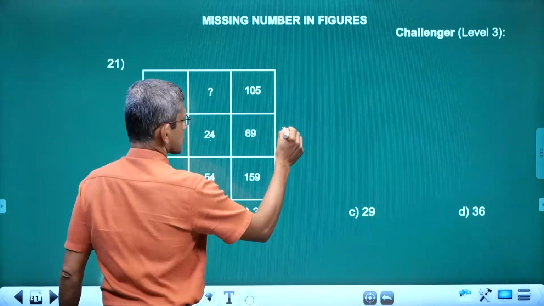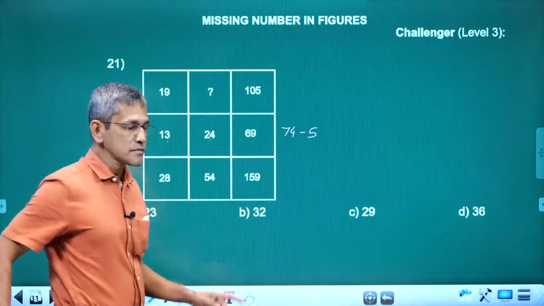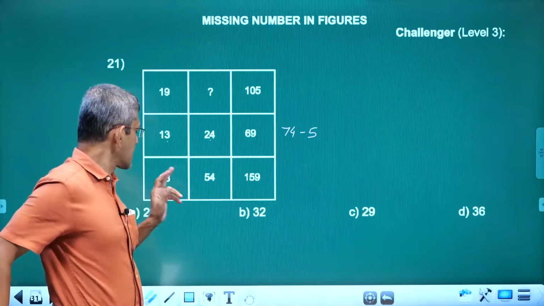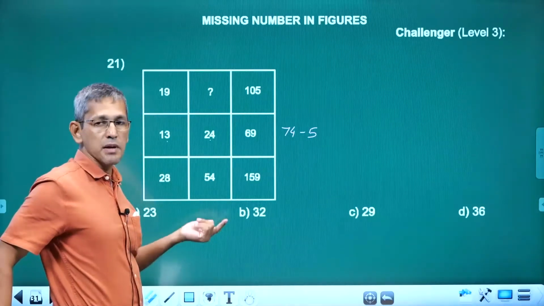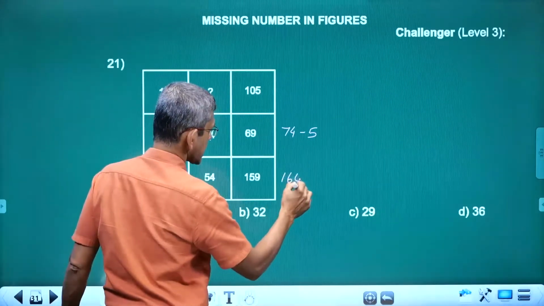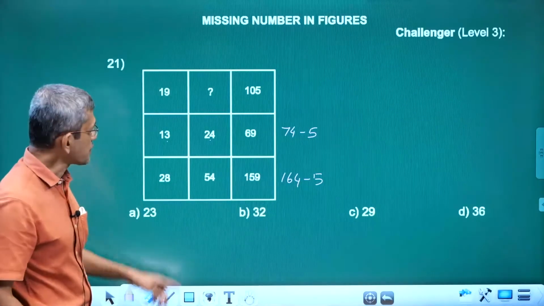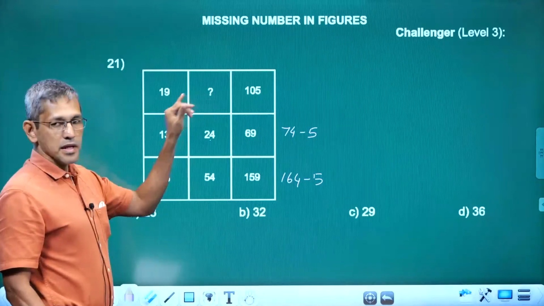Where did that 74 come from? Add these two numbers, double it, or multiply by 2. In this case, 28 and 54, 82. 82 multiplied by 2 is 164. That 164 minus 5, what do you get? 159. So if you apply the same pattern here, 19 and something missing over here, what would be that number?